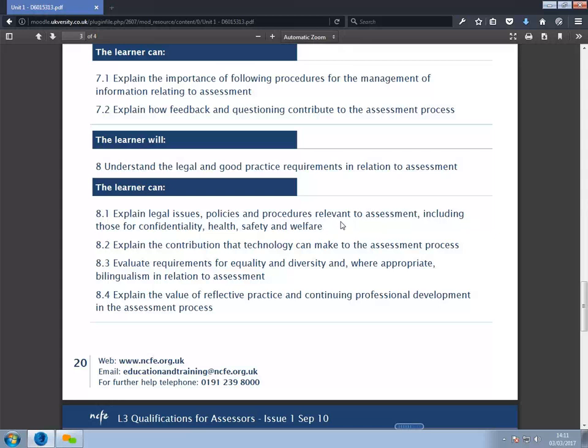I'll give you an example. I had a student who was missing college. I was assessing him in the workplace, but he missed college on several occasions. And I found out that his mother had to work. She was on her own, and he had a young sister, and he had to stay behind to look after the young sister when his mother was at work on those particular days.